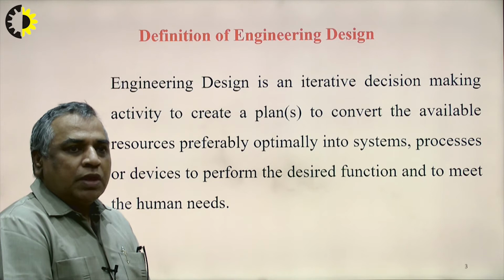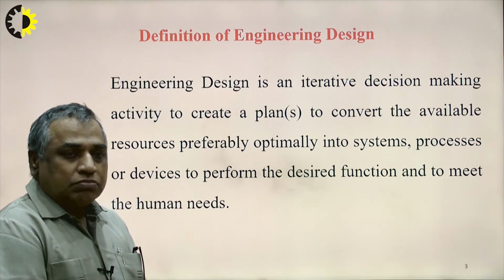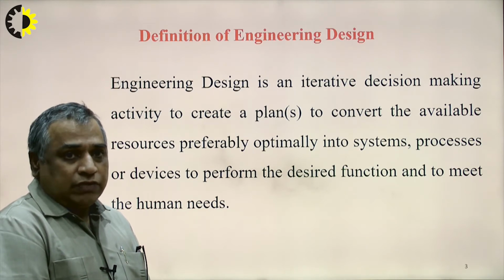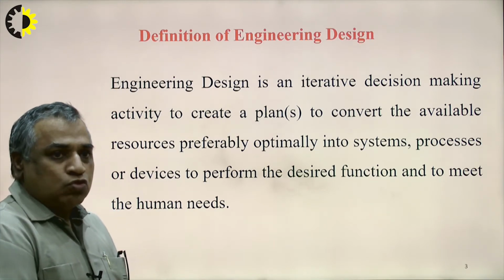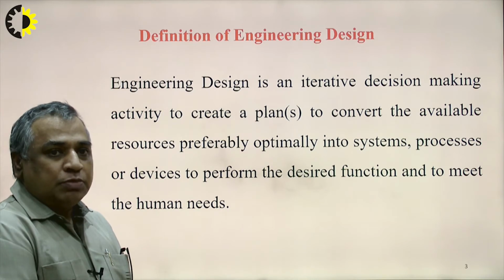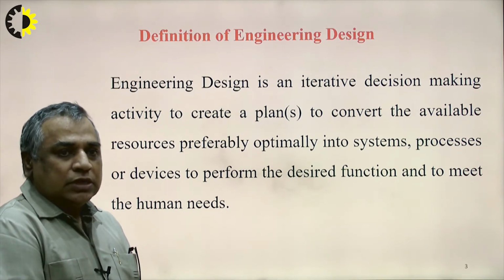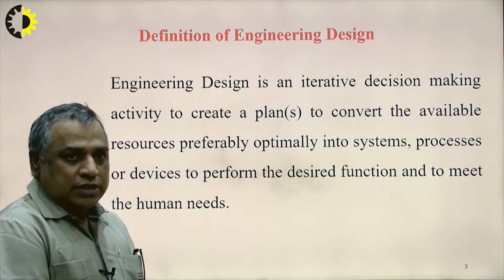We may precisely define engineering design as an iterative decision making activity to create plans to convert the available resources, preferably optimally, into systems, processes or devices to perform the desired function and to meet human needs.